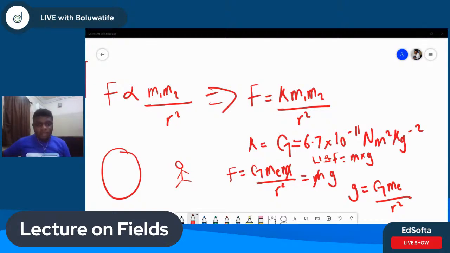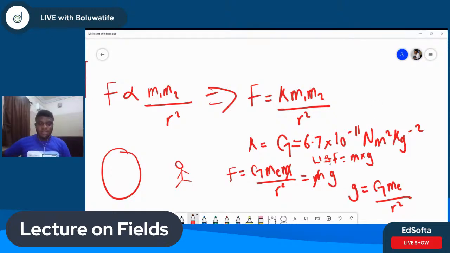Okay, so another thing we would want to note here is the gravitational potential energy. That's pretty straightforward. The formula is just the force times the distance.